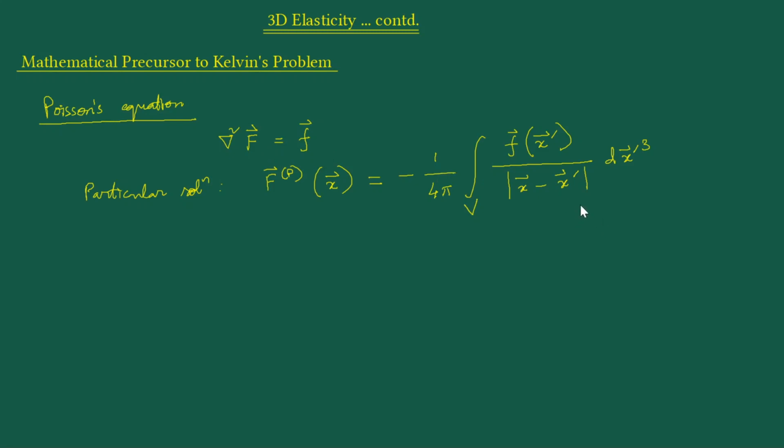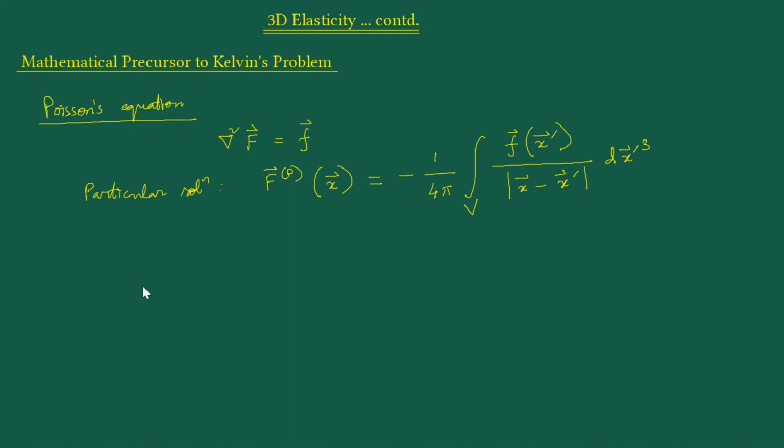So we can carry out this integration either analytically or numerically. Various methods are there, and we end up with an answer which depends solely on x vector, not on the x dash. So this is it. So this is the particular solution.